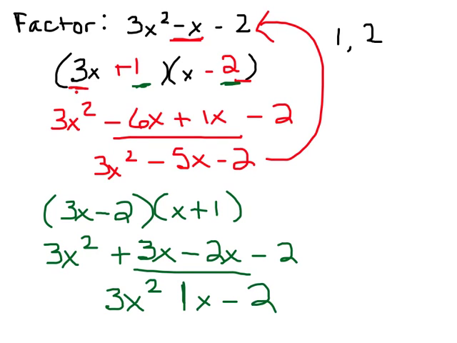My only problem now is that this is a positive 1x, and what I needed was a negative x. All right, so we're going to have to try something different. Let's say we have 3x minus 1.